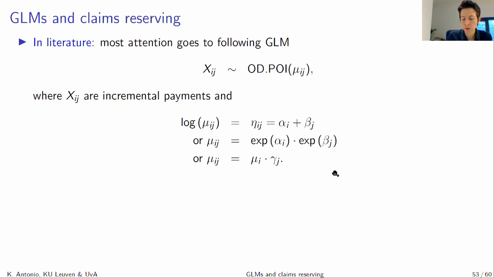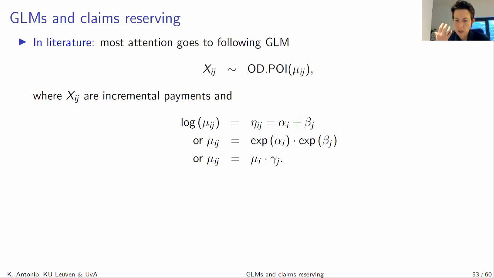But if you would look at euro amounts, at the example with the incremental runoff triangle that we've seen earlier on, there typically you have a lot of over-dispersion because your variance is going to exceed your mean value substantially.